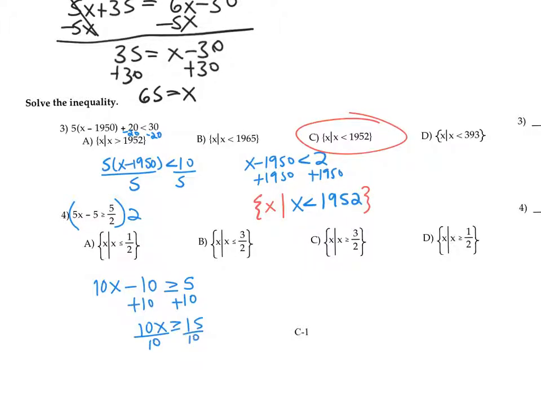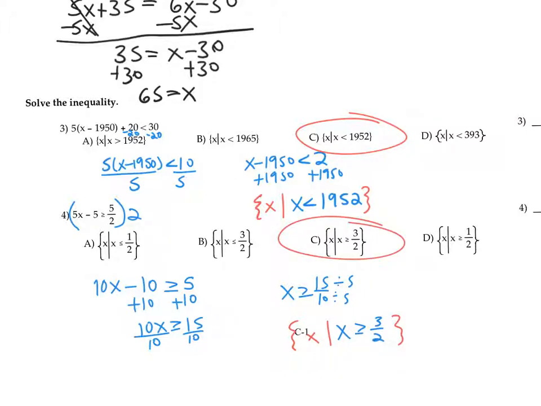And I divide by 10. X is greater than or equal to 15 over 10, which simplifies. 15 divided by 5 and 10 divided by 5 tells us x is greater than or equal to 3/2. And again, we're going to write this in set builder notation. So we're going to write it as the set of x such that x is greater than or equal to 3/2. Answer choice C.